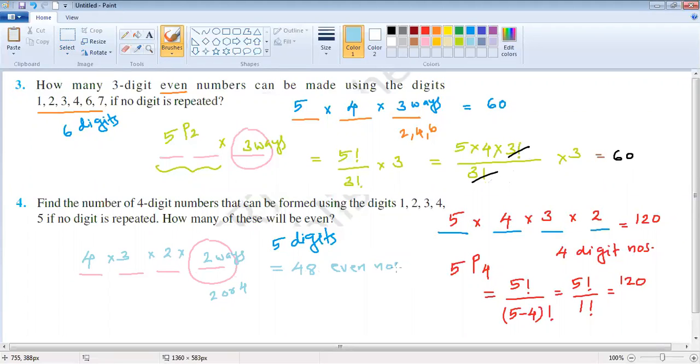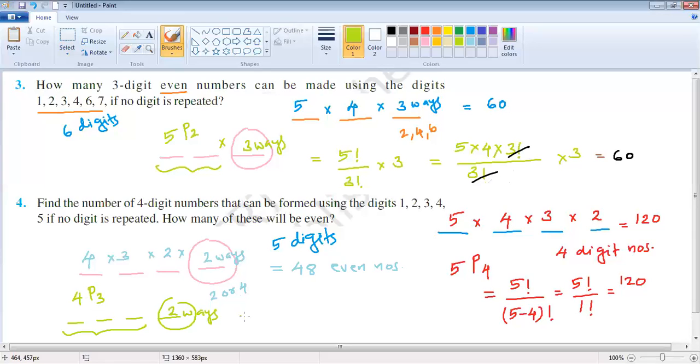even numbers. So if you're using permutation, it will be like this. You have 4 digits, and as you have seen above, the last position can be filled in 2 ways. The remaining are 3 positions. Out of 5 digits you already used 1 digit, so of the remaining 4 digits you need 3 digits, so it is 4P3.